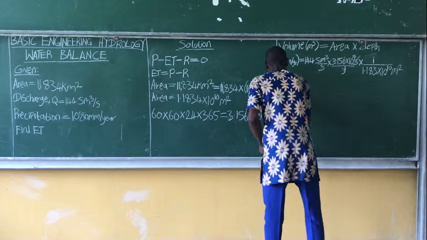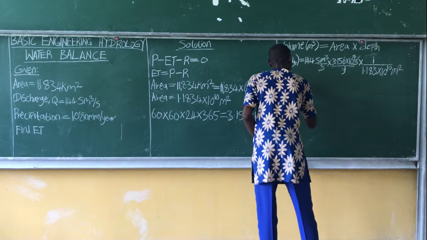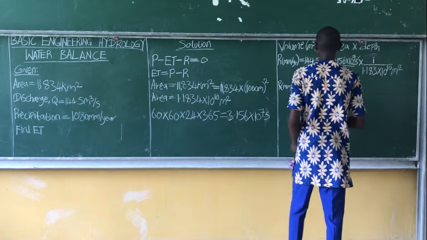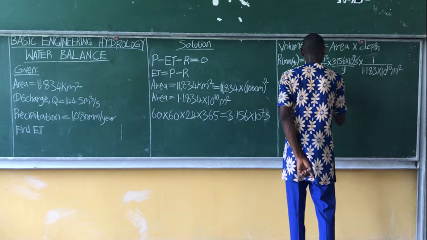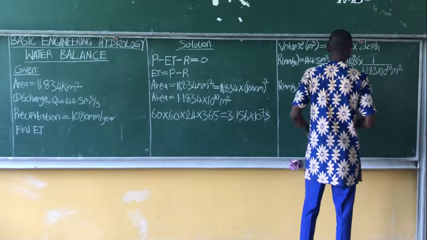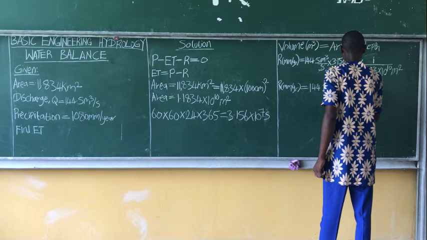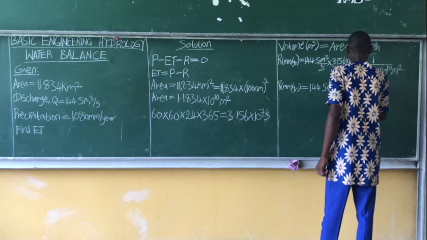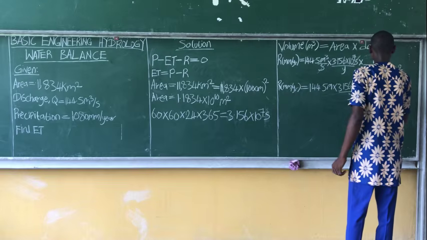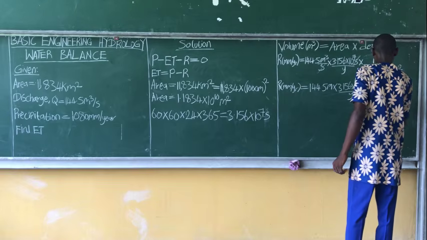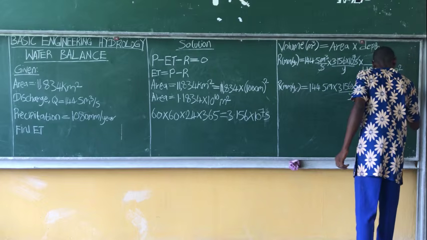So we have our runoff in millimeters per year to be equal to 144.5 meters times 3.156 times 10 raised to power 7 per year times 1 over 1.183 times 10 raised to power 10.